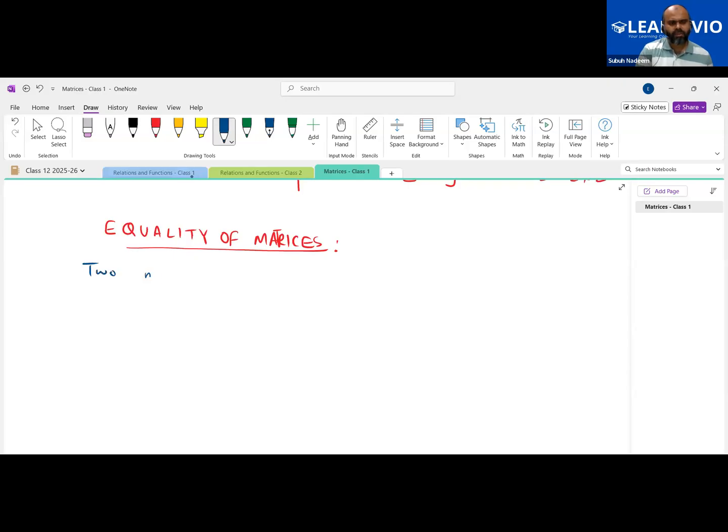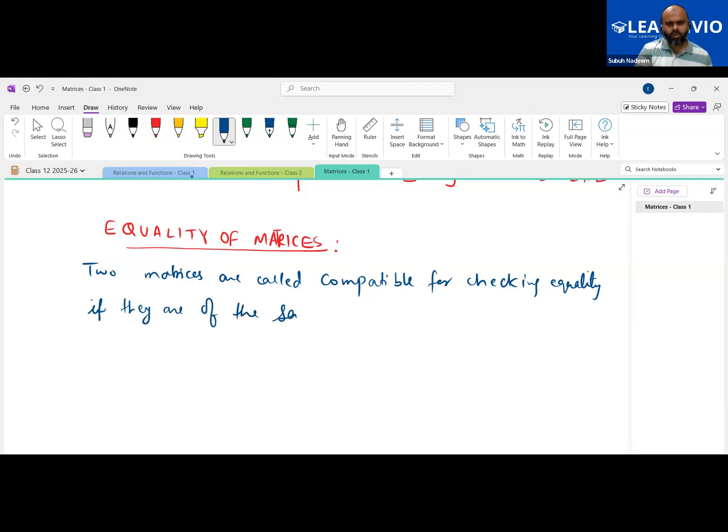Two matrices are called compatible for checking equality if they are of the same order. So the first condition is that the matrices should have the same order. Then only you can compare for equality of matrices.